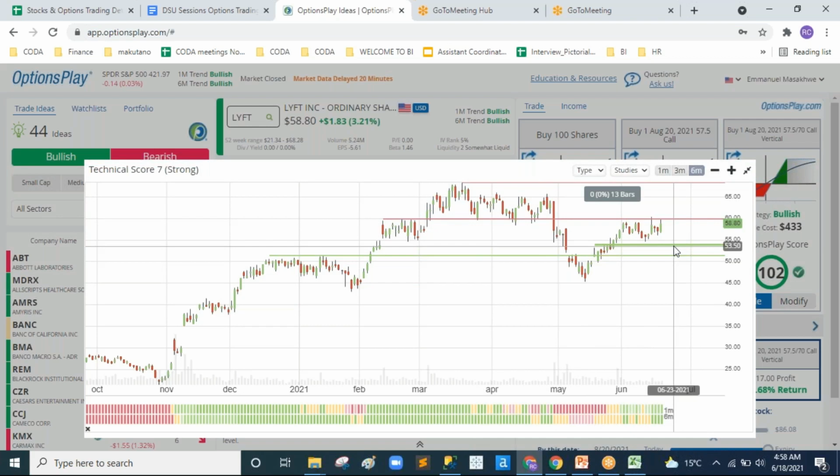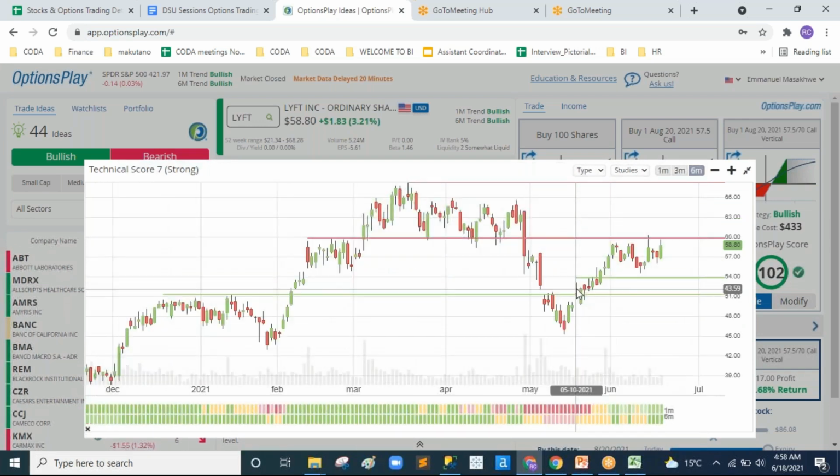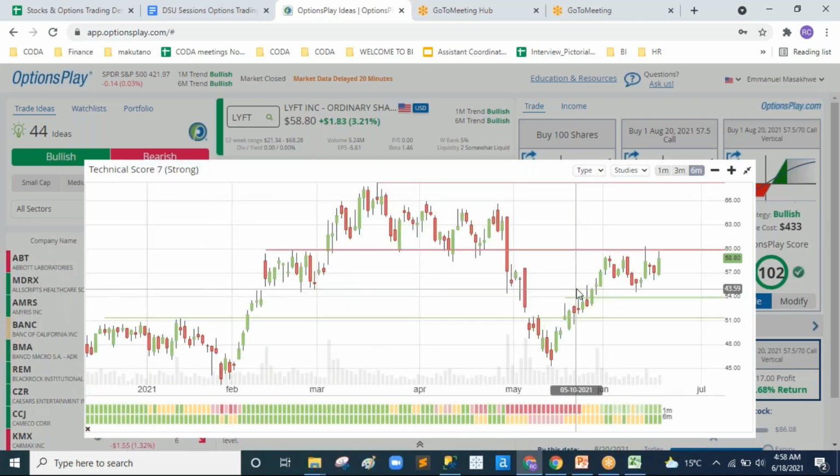You see that? This one. So there's this level that was previously at 60.